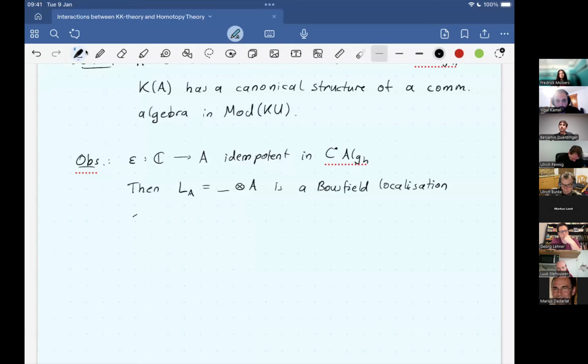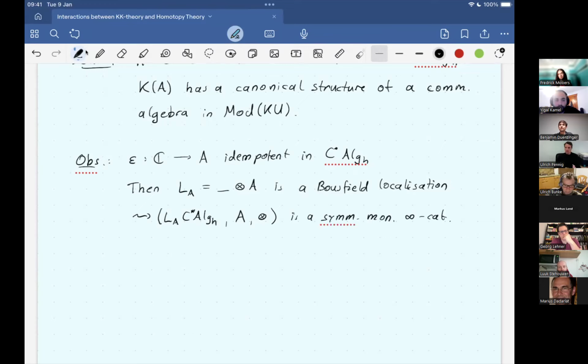In particular, I can take the localization of C star H at A. The unit object in this is A, and the tensor product carries over. So this is a symmetric monoidal infinity category.